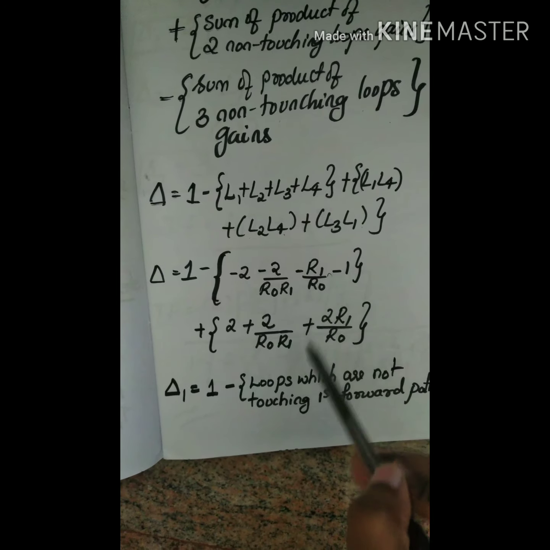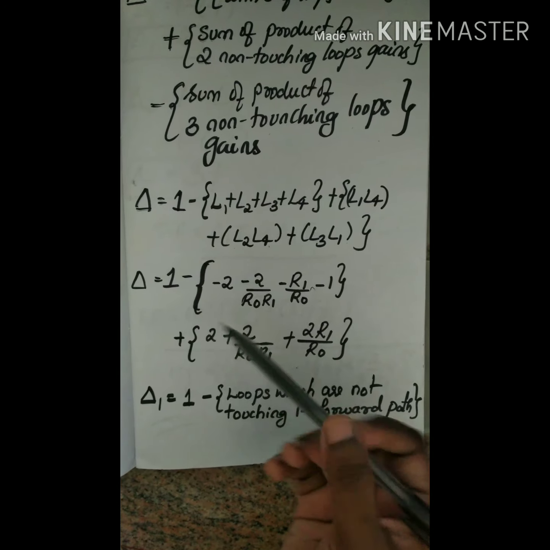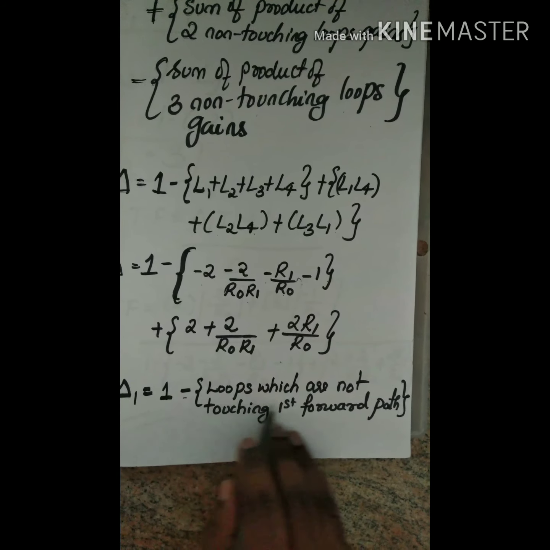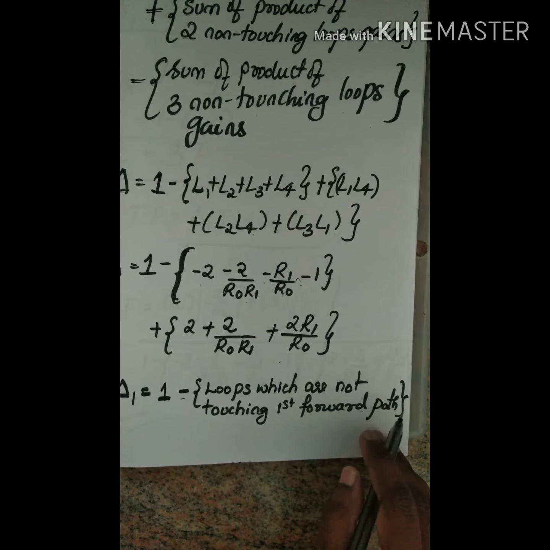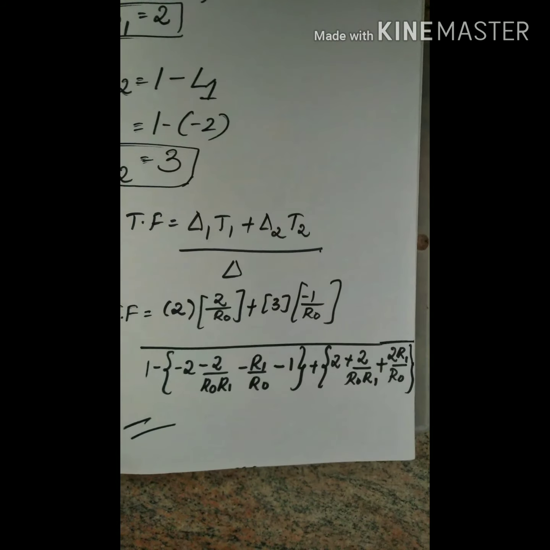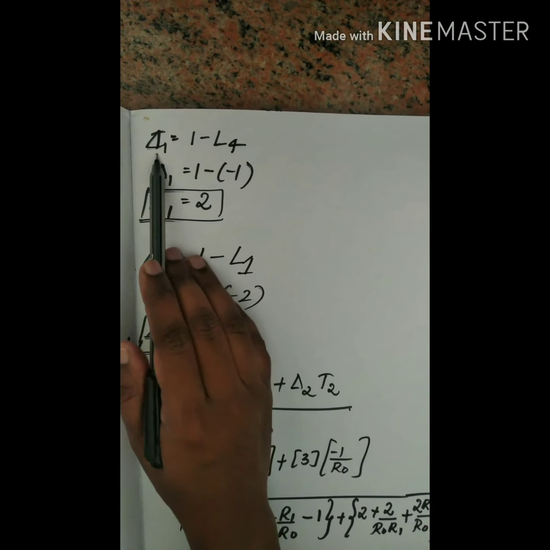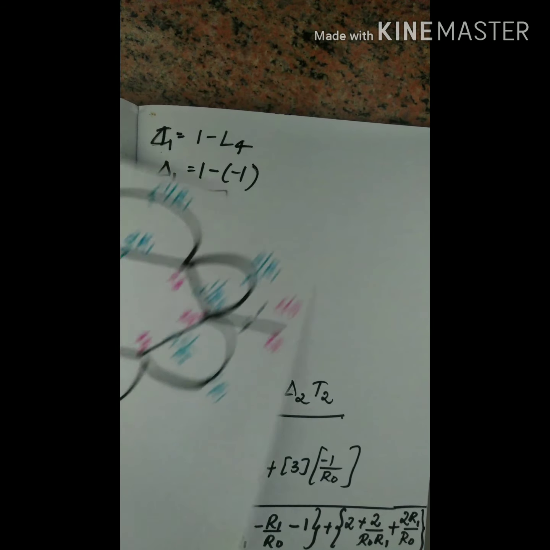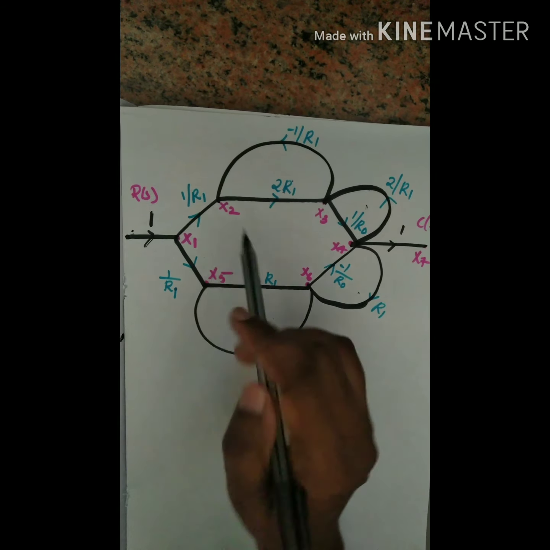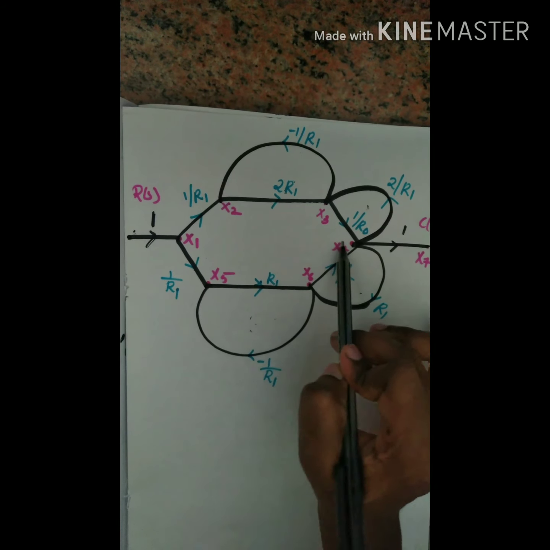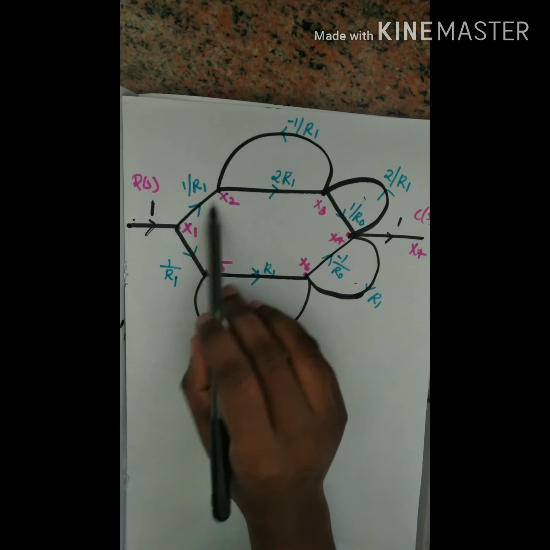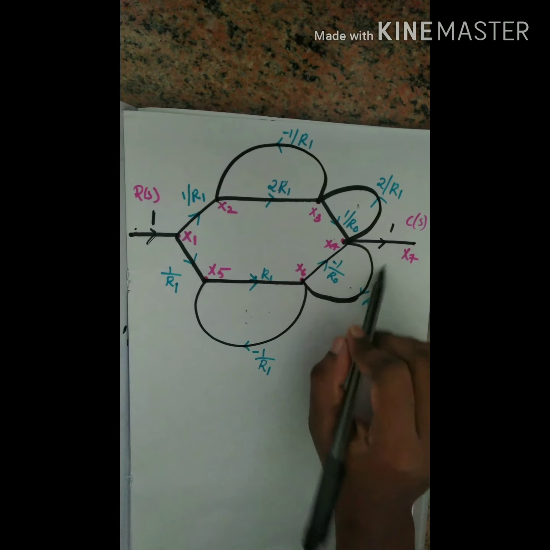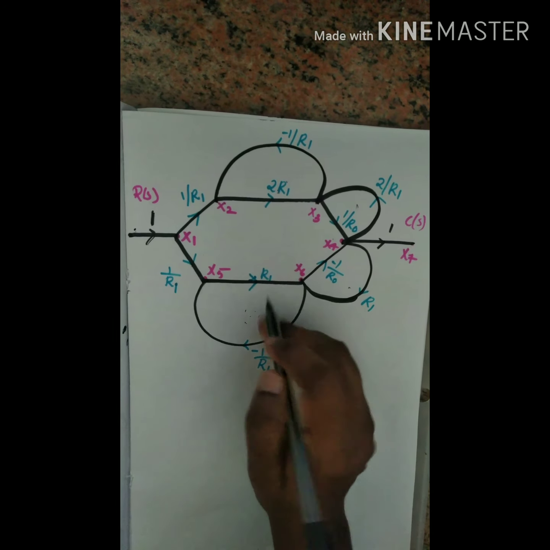Then we substitute their gain values, and delta 1 is nothing but the loops which are not touching the first forward path. Here, for the first forward path, that is x1, x2, x3, x4, the loop which is non-touching to this first forward path is L4.